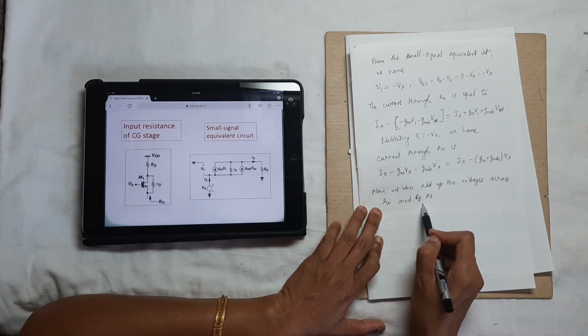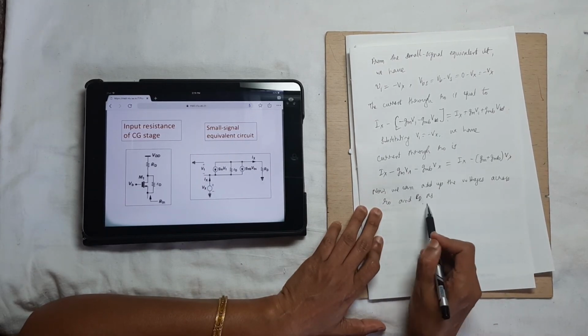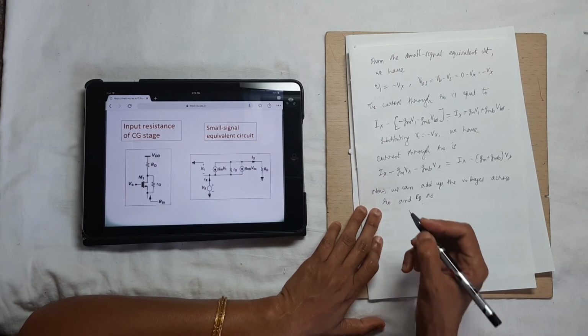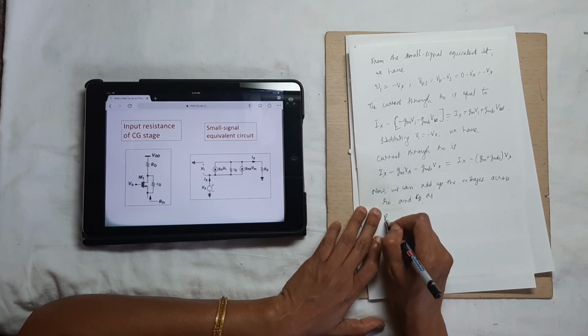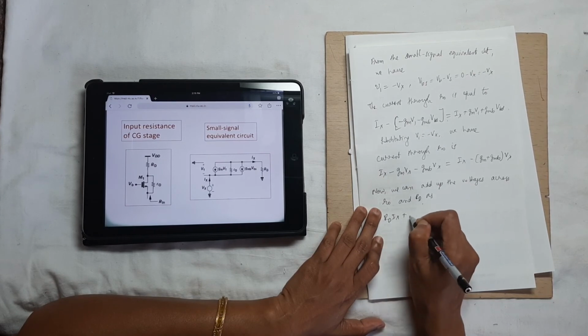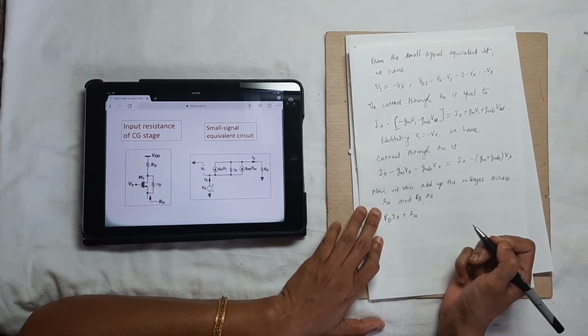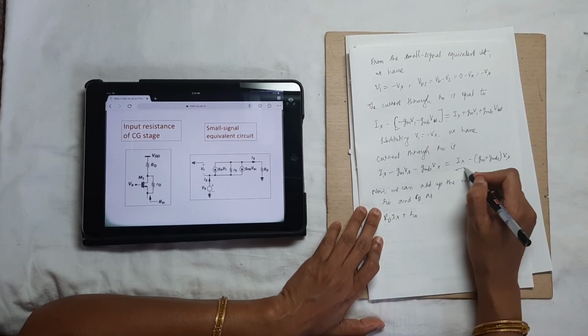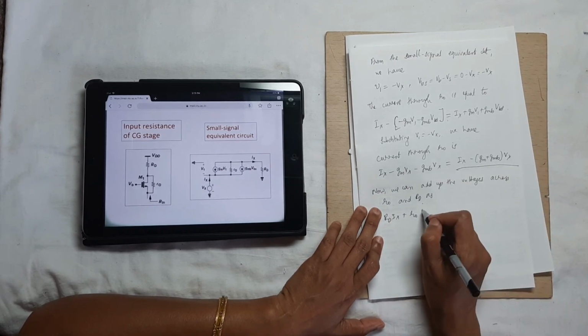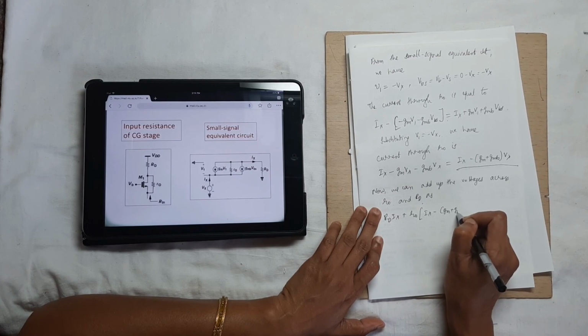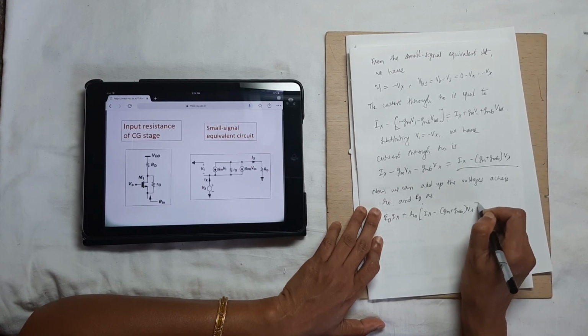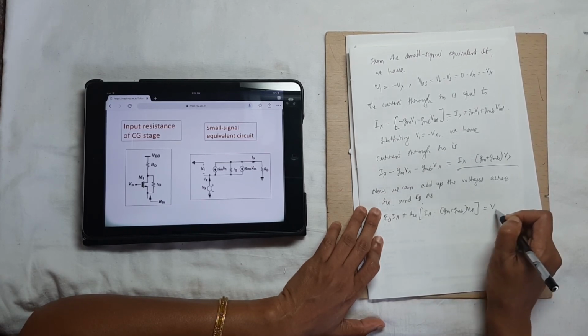Our next step is to add the voltages across RO and RD. Let us write RD into Ix plus RO times the current flowing through RO, which is Ix minus (gm + gmb)Vx. This is equal to Vx.